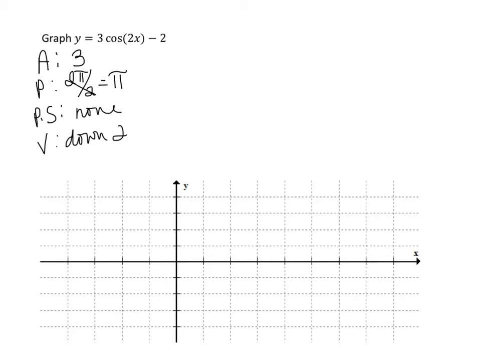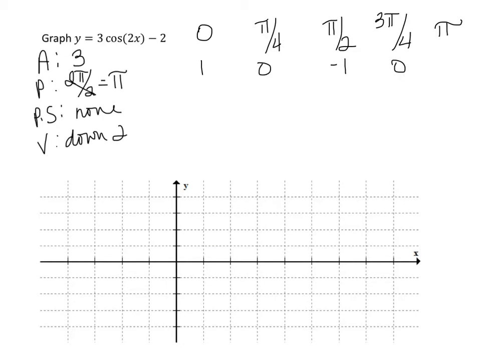So I write out my coordinates for the period. Because this is cosine, I apply my amplitude first, so I multiply by 3.